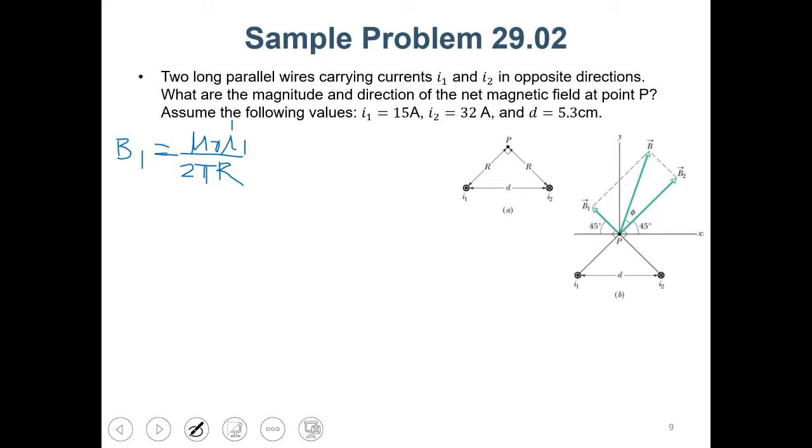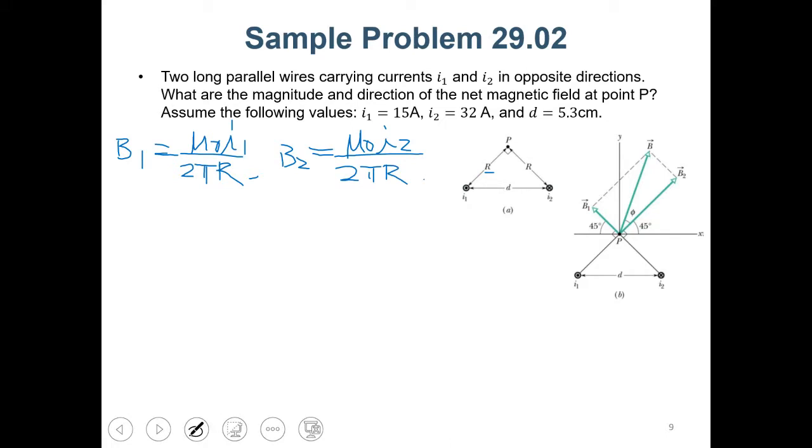I1, this one should be I1, and r is r. For B2, it is similar. This is mu0 I2 over 2 pi r. Okay, very easy.